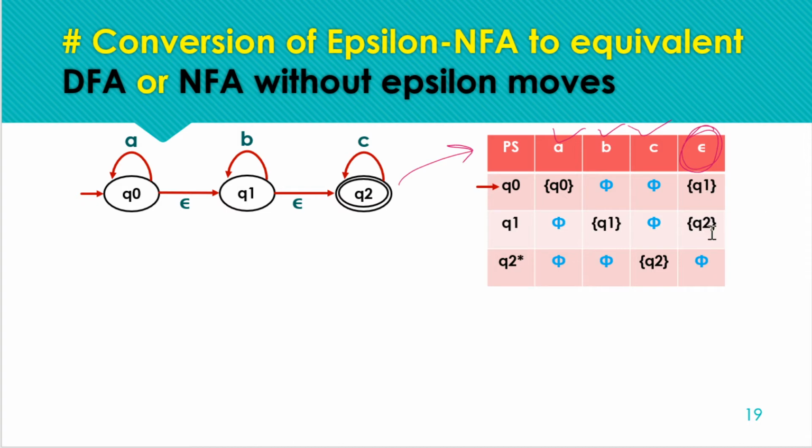From Q2 we have no epsilon move, so here we have a null or dead state. You can also neglect these states. These are the dead moves or no moves. We can say that we have no moves for these input symbols from these states.